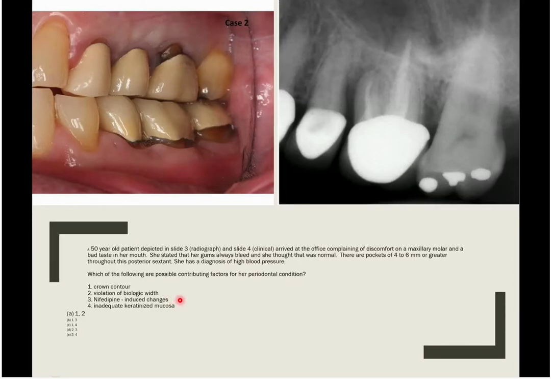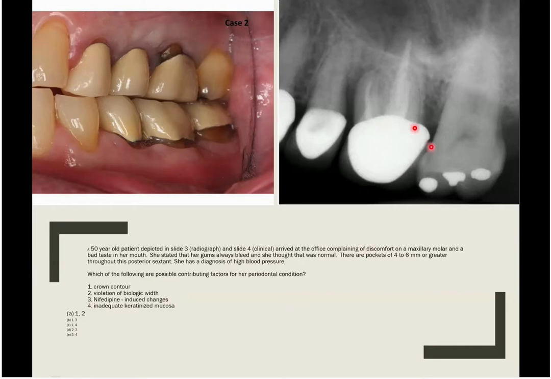Nifedipine-induced changes, well, we have no knowledge that the patient is taking nifedipine, and I'm really not seeing a suggestion of nifedipine enlargement. I see recession. And the other choice, inadequate keratinized mucosa, well, there's quite a bit in the maxilla if the maxillary molar is bothering the patient.